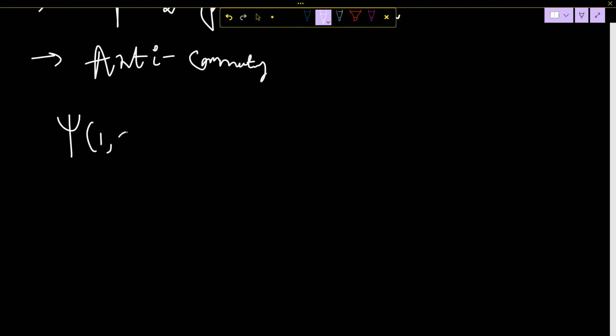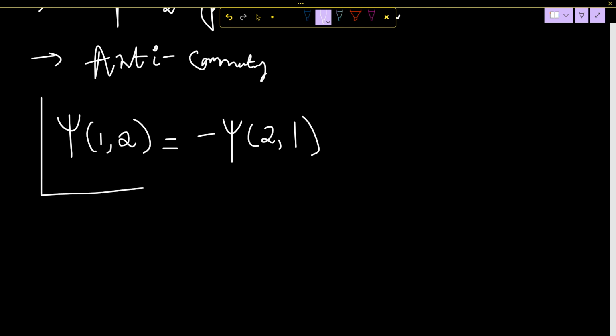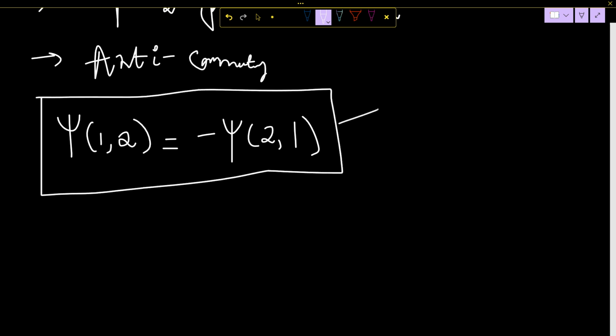If psi 1 2 is equal to minus of psi 2 1, then this particle is a fermion. You can say this is the anti-symmetric property.